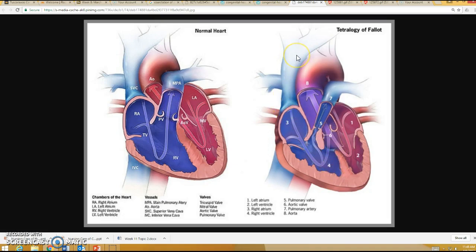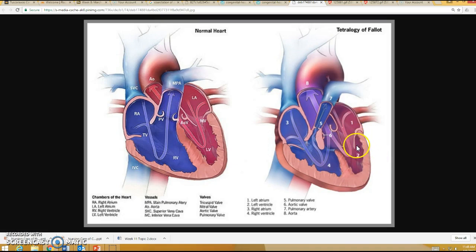So as you're seeing, the unoxygenated blood is coming in from the vena cava into that right ventricle, and it's needing pressure to go to the lungs, and it's contracting and sending unoxygenated blood up into the aorta. Now, another thing I want you to notice is this is called a hypoplastic left heart.